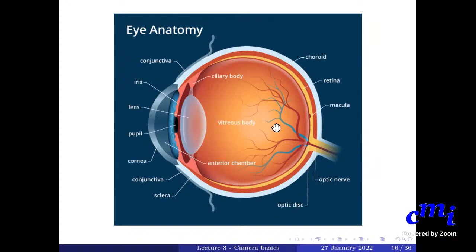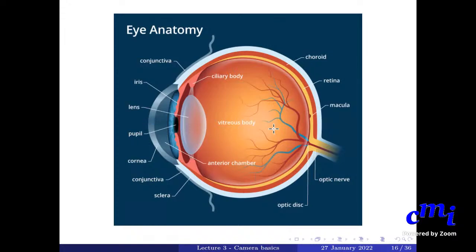For many reasons, it may happen that the shape of this globe is elongated along the vertical direction, I mean this north-south direction, or elongated along the east-west direction like this. Then the light cannot be focused properly.